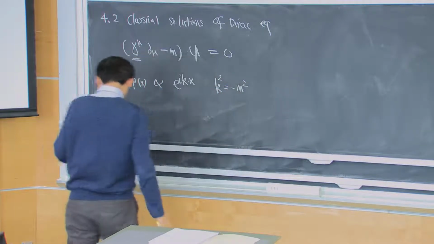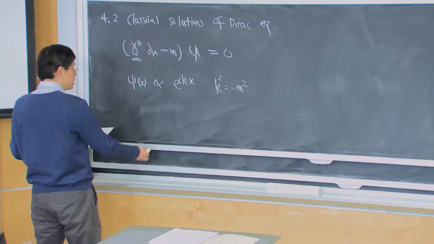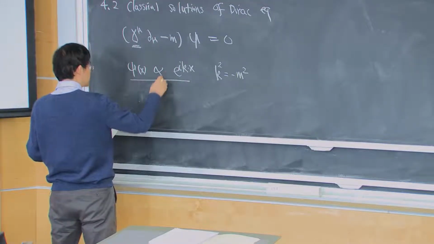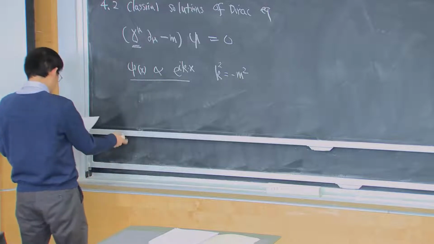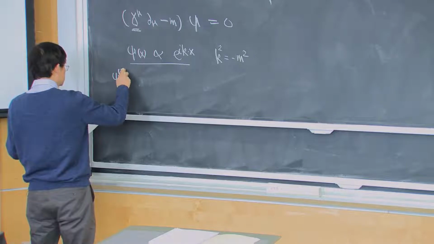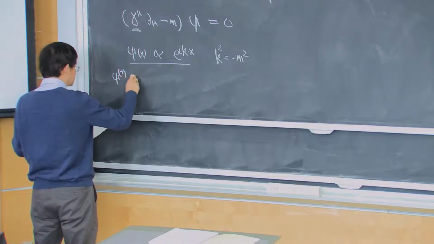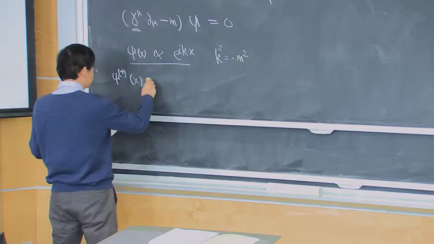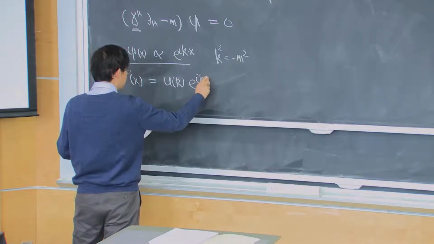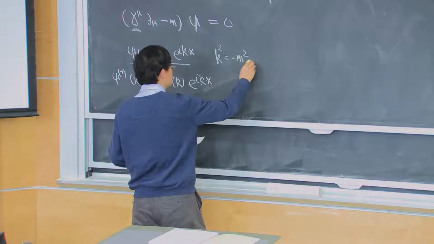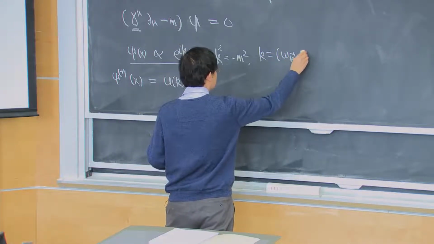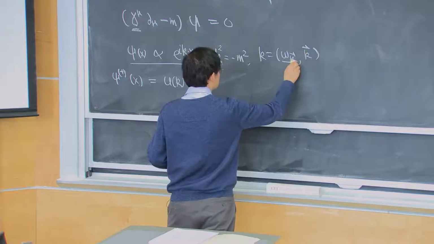Okay. So our goal is to find the prefactors. Here we separate into two kinds of solutions, as we discussed at the end of last lecture. We call u_k the one corresponding to the positive, so we always take k to have positive time component.